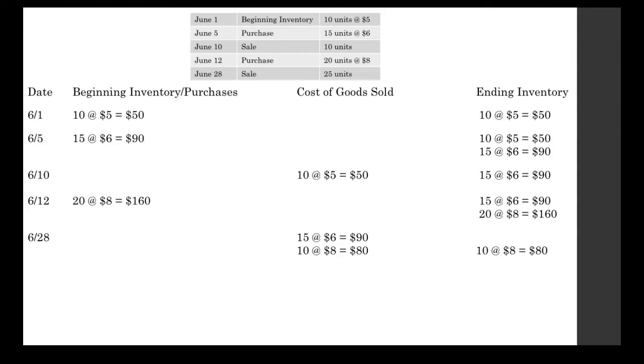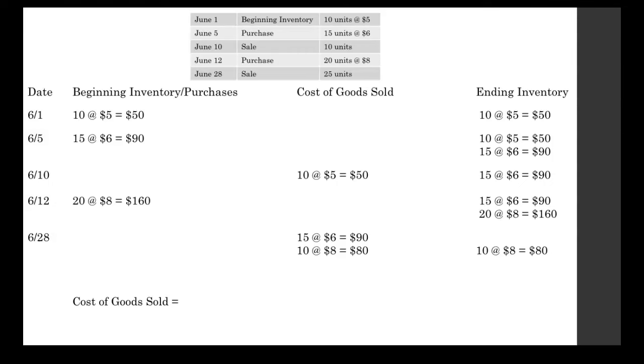But in order to sell a total of 25 units, we need to sell an additional 10 on top of that 15. So that 10 comes from our inventory group at $8 a piece. So under cost of goods sold, we have 15 units at $6 and then 10 units at $8. That leaves us in our ending inventory with just 10 units remaining at $8 a piece.